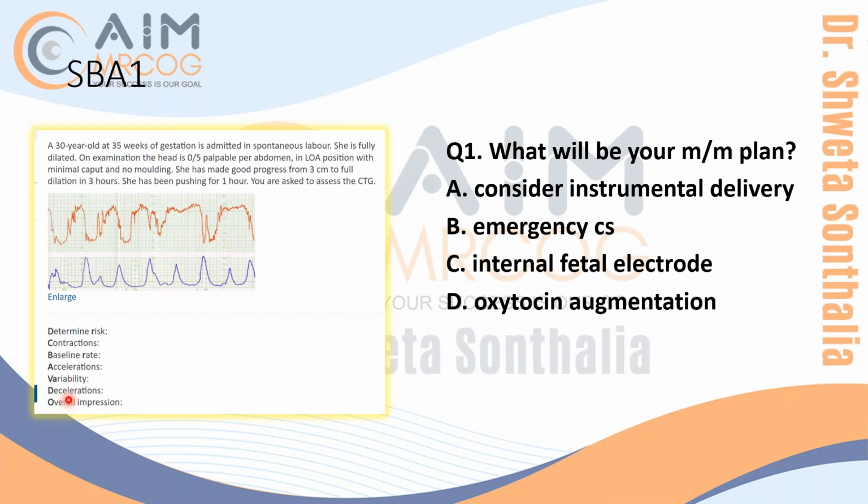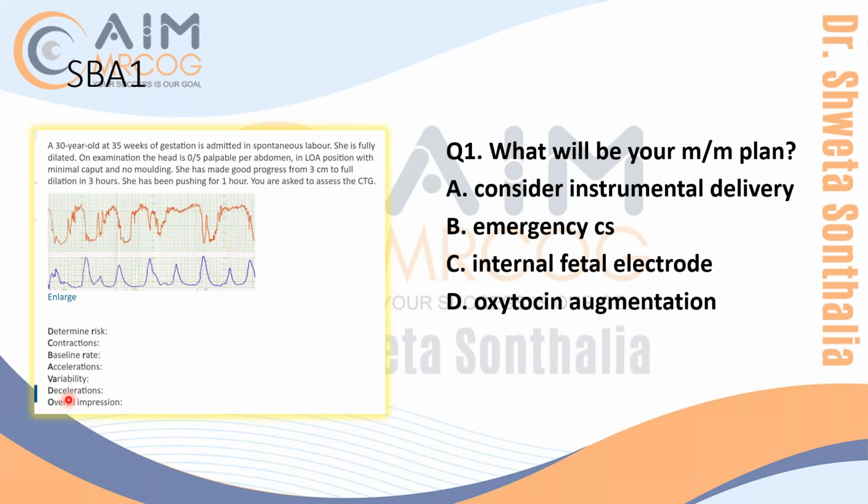And there is absence of shouldering sign. Very good. And overall impression is like baseline heart rate is increased, and number 2 is variable decel with concerning signs, and more than 50% of the contractions in 10 minutes. So it is pathological because two abnormal, non-reassuring. Very good. So what you're going to do?